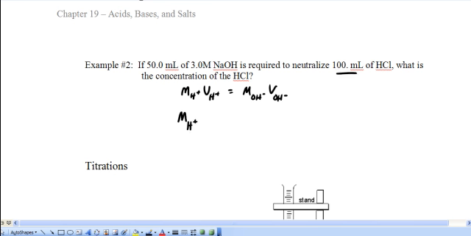Yep, it's 100 milliliters. Do we know the concentration of our base? Yep, 3 molar. And because there's only one hydroxide in the compound, it stays the same. Okay, so we do have 3 molar sodium hydroxide. And the volume of the base added is going to be the 50 milliliters.